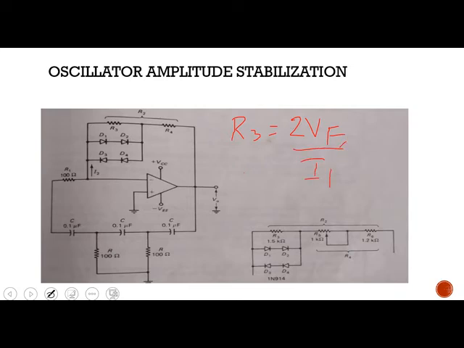R3 is given by 2 Vf by I1. Vf is the voltage drop across the diode. Since we have two diodes, we consider 2 into the voltage drop of a single diode divided by I1. So we know the value of R2 and the value of R3. By using this, we can find the value of R4. This R4 can be further split into R5 and R6.